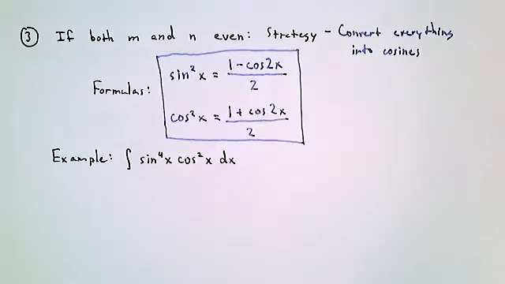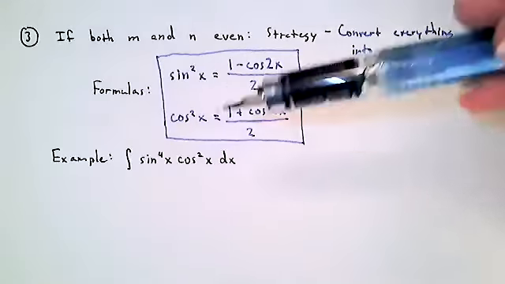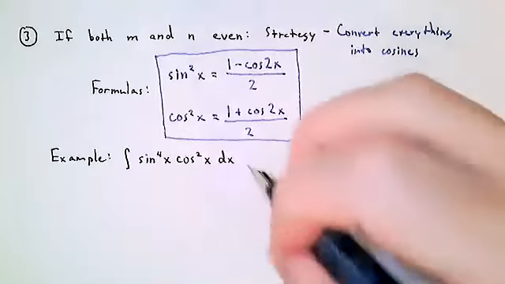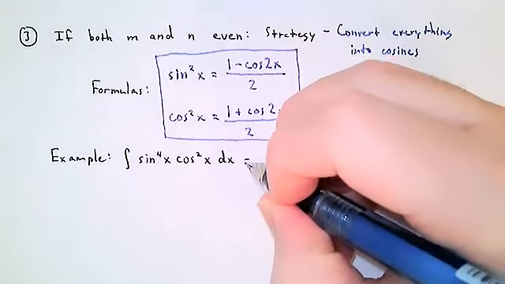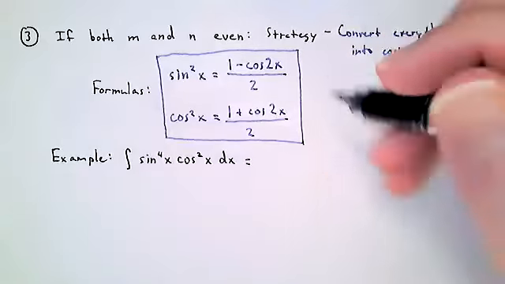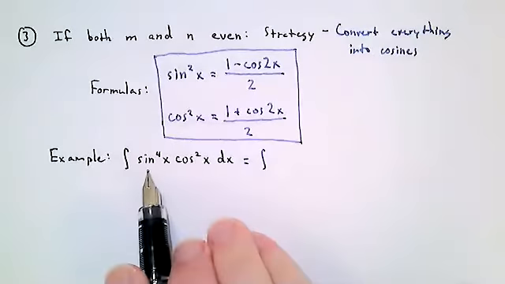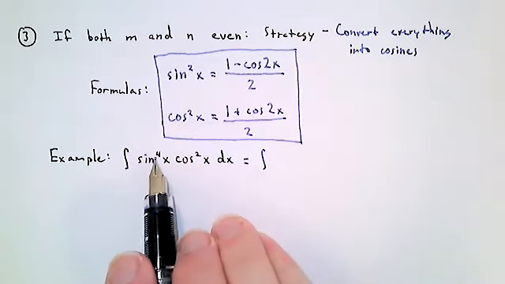Here we're trying to find an antiderivative for sine to the fourth of x times cosine squared of x. So we do have two even powers. And we're going to have to do something a little bit like we did on the last example, where we need a sine squared and not a sine to the fourth.